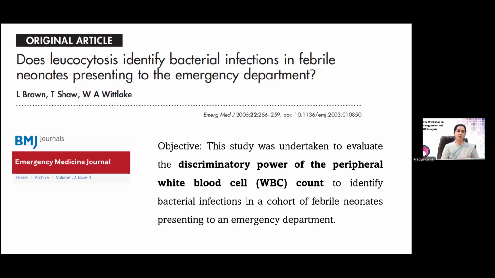So this is one original article looking at leukocytosis, that means increase in WBC count, to identify bacterial infection in febrile neonates presenting to the emergency department. The objective of this study was to evaluate the discriminatory power of the peripheral WBC count to identify bacterial infection in a cohort of febrile neonates presenting to the emergency department.